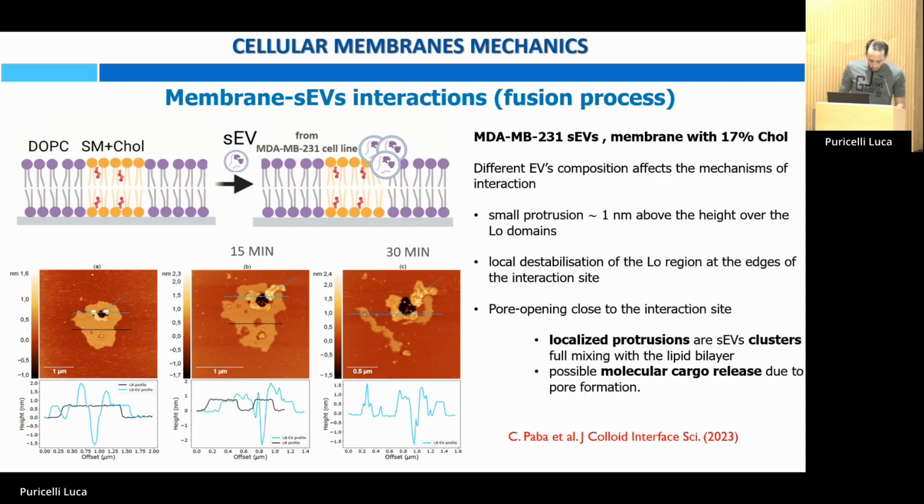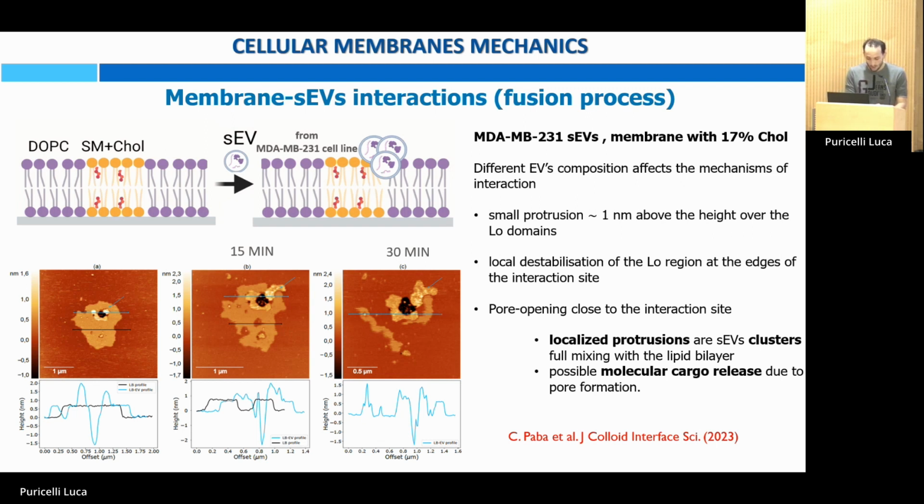Then our group has already done a lot of work on this system, especially studying the interaction between the membrane and several kinds of small extracellular vesicles, studying the fusion process, so the way they interact with the model membrane and try to release the cargo eventually inside the cell.